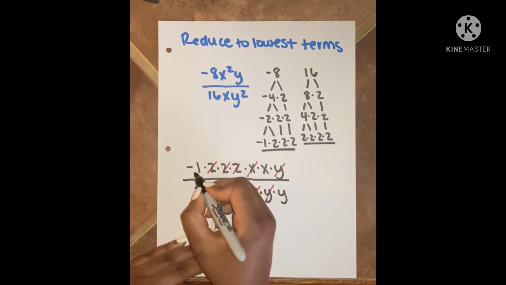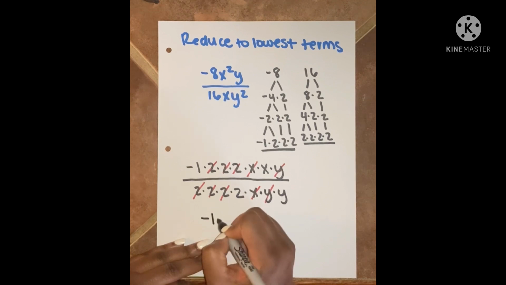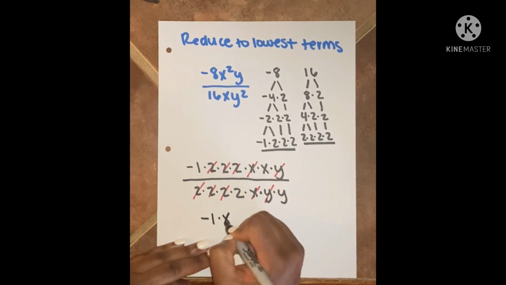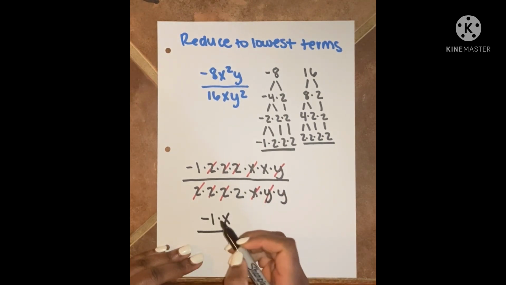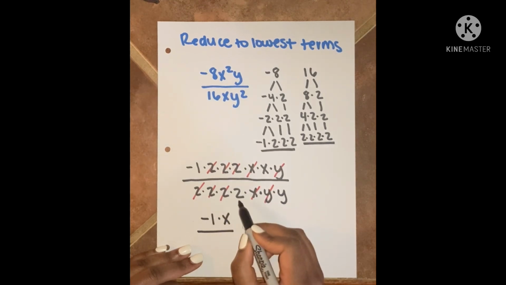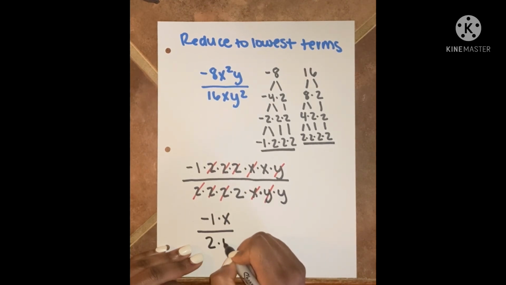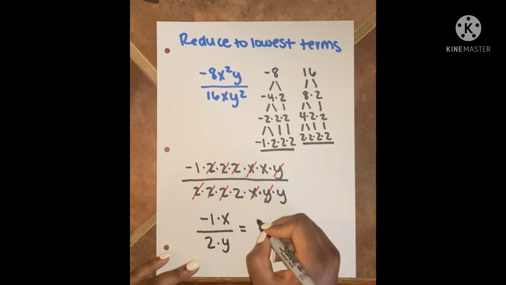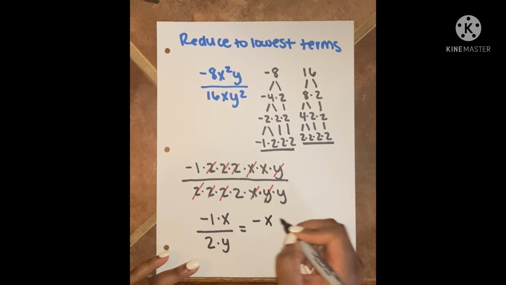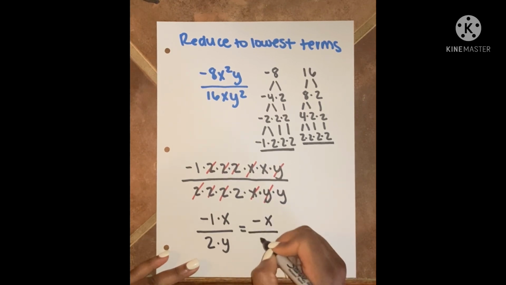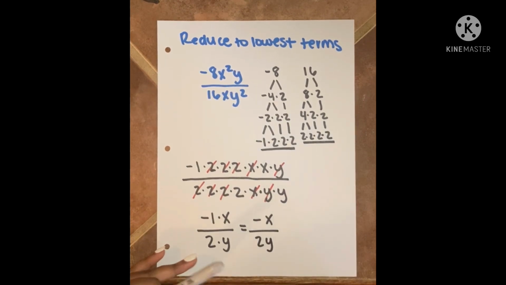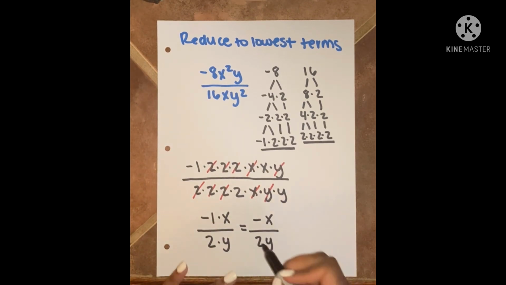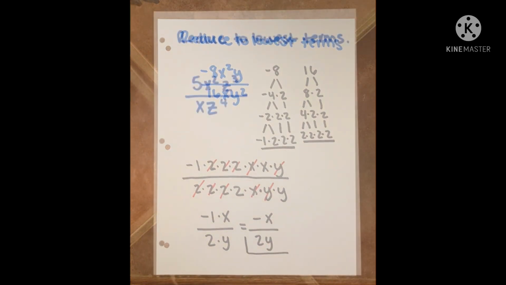We have a negative 1 times x, and we also have at the bottom 2 times y. Now a negative 1 times x is a negative x, and 2 times y is 2y. Because we don't have anything that can cancel, we don't have any more pairs, this is our final answer.